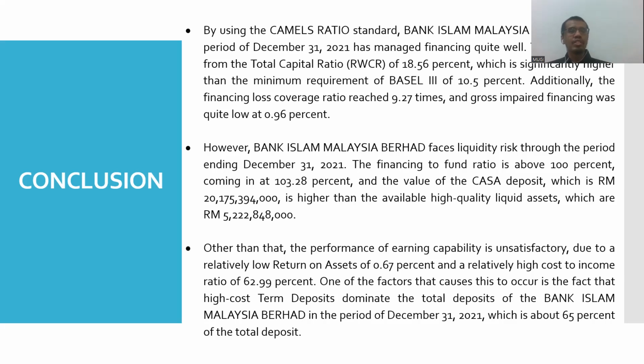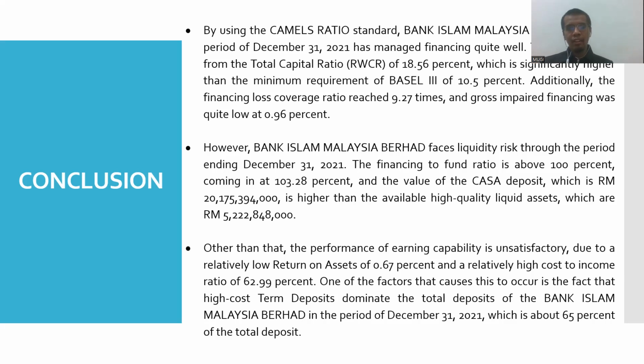The bank will be rushed. Okay, but I hope all the CASA customers will not simultaneously take all the 20 billion away from this bank. But this is risky. If that happens, then the bank will be facing liquidity risk.